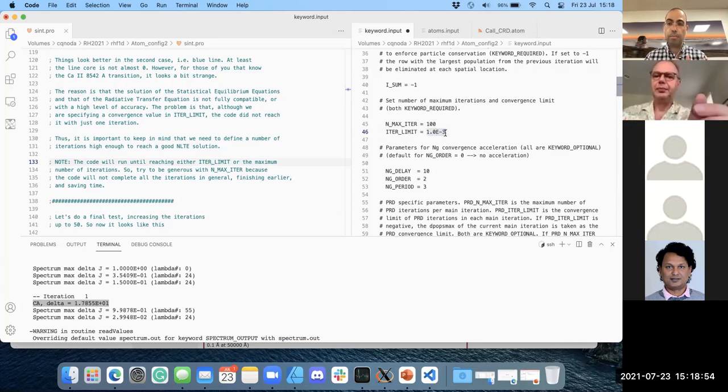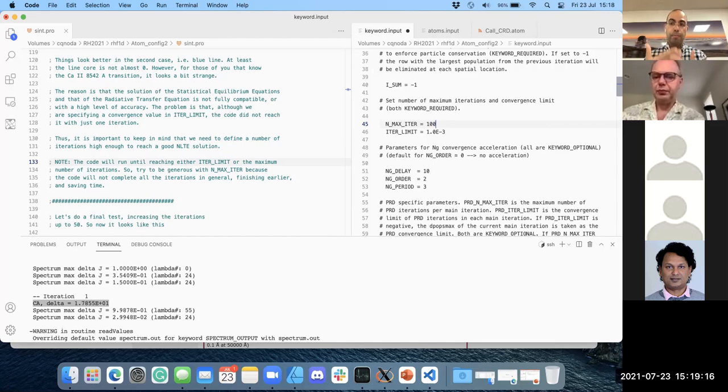We will see what 1 to the minus 3 or 1 to the minus 2 means. But if you only put like 10 iterations, you may not reach a fully compatible solution between the statistical equilibrium and the radiative transfer equation. So please always try to keep a large number in this case.